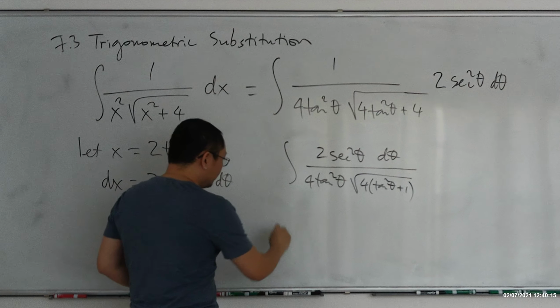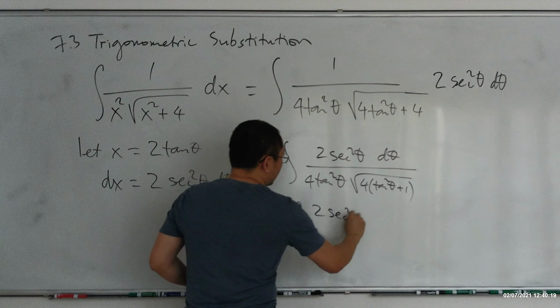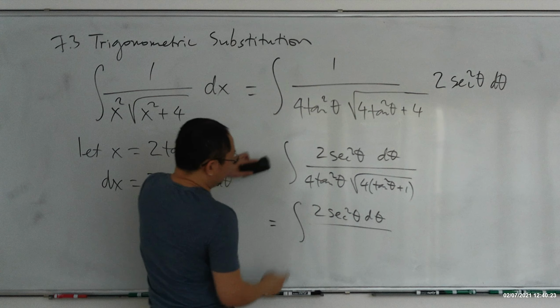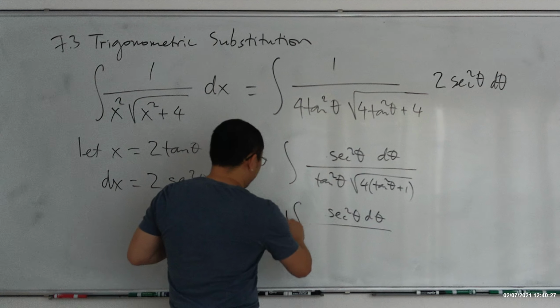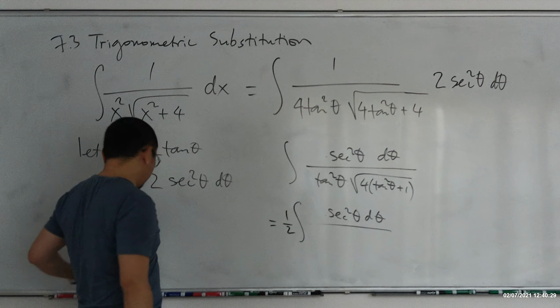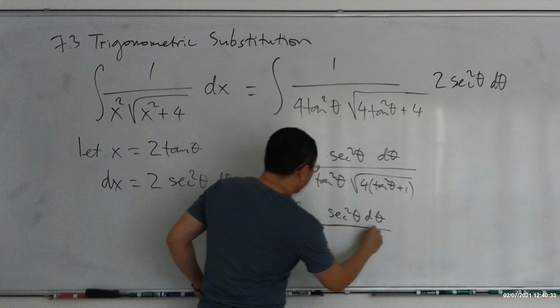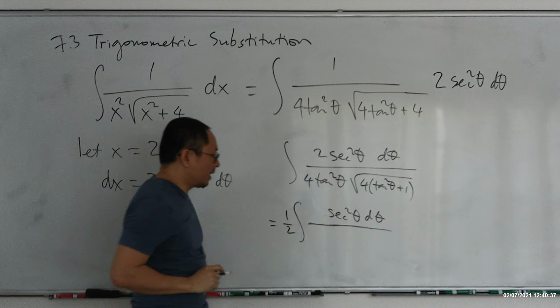Okay, this is integral 2 secant square theta d theta. The bottom, oh, I can cancel out a 2 and a 4. Take out a 2 on the top. I got 1/2 in front. Simplify as much as possible, right? This is 2 right here. This is 4, so I'll cancel out a 2, and then bring the constant outside.